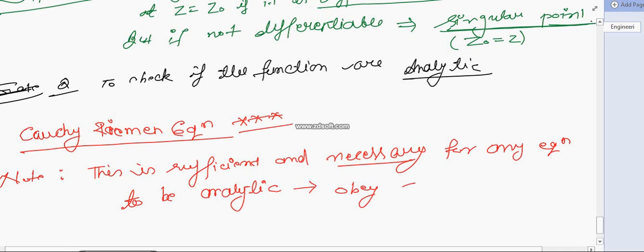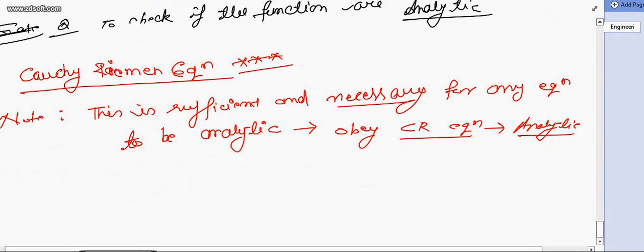So any analytic function must obey the Cauchy-Riemann, shortly represented as the CR equation.